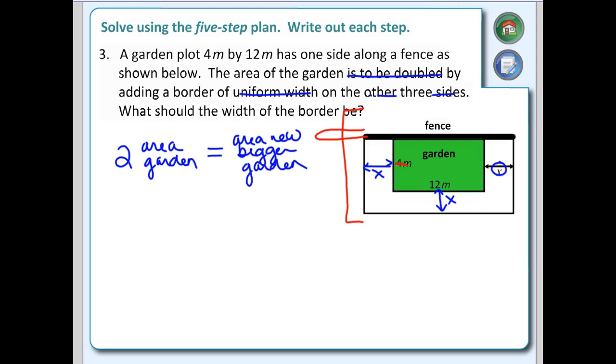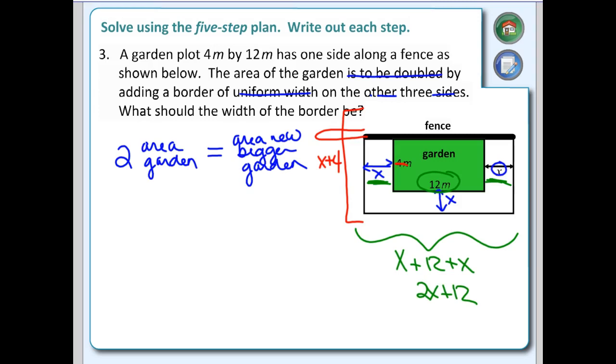So this is going to be x plus 4. But if I look at the length, it's 12, but we're adding x on this side and x on this side. So we've got x plus 12 plus x, and if I combine like terms, that's going to give me 2x plus 12.